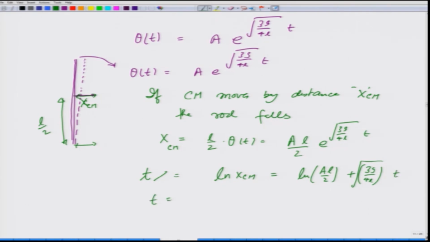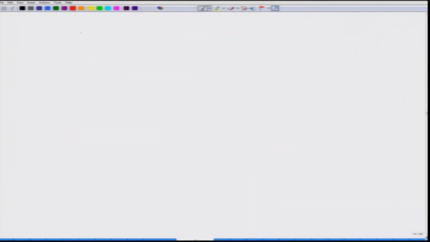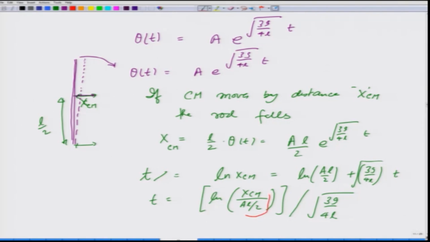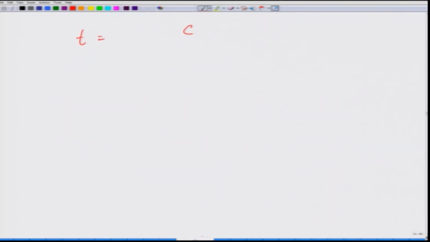So, t is log of x Cm divided by aL by 2, divided by square root of 3g over 4L, and this gives me time equal to some constant, which is this log of x Cm by aL by 2, divided by square root of 3g over 4L, which is nothing but square root of 4L by 3g times a constant.